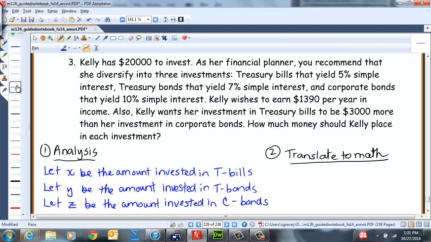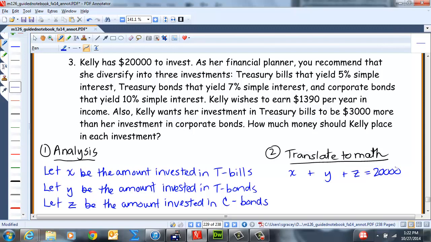So our first equation, how much money does she have to invest? Good, $20,000. So the sum of those 3 amounts should be 20,000. And then the next statement is all talking about interest.